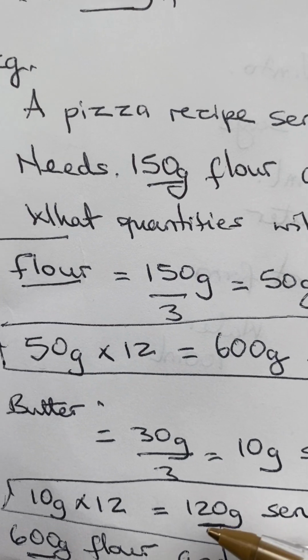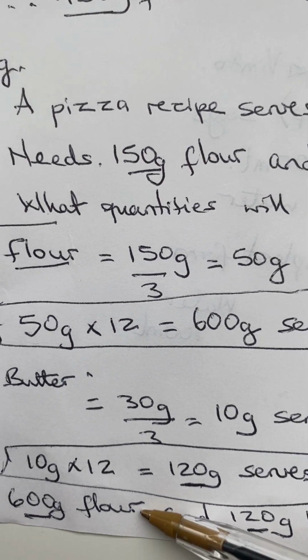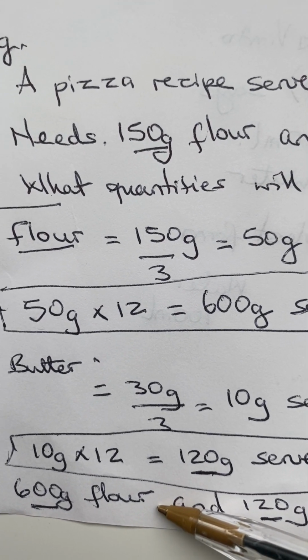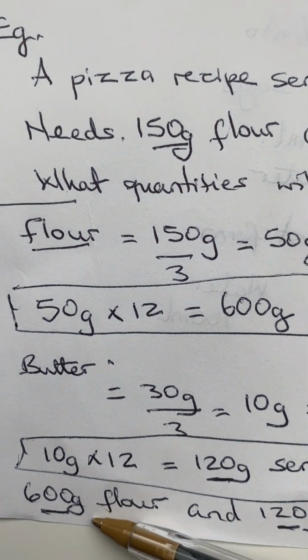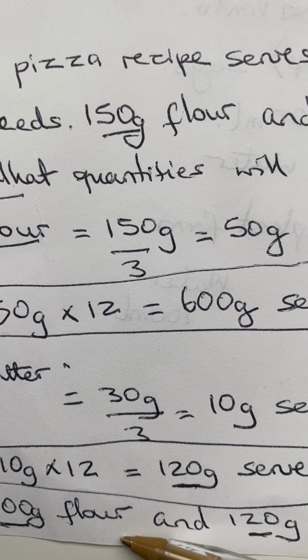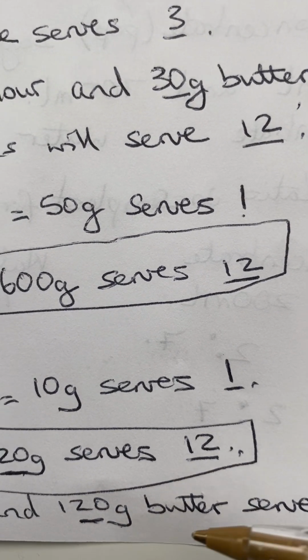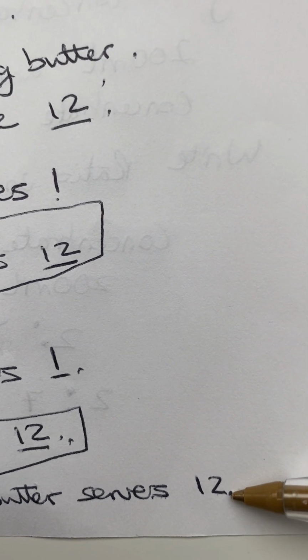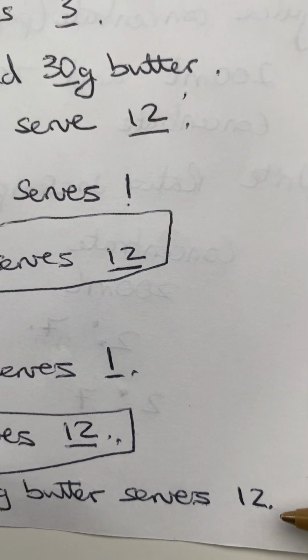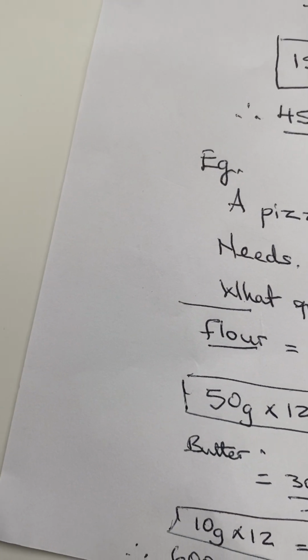So now if I want to prepare pizza for 12 people, I need 600 grams of flour and 120 grams of butter. Okay, that is the first part.